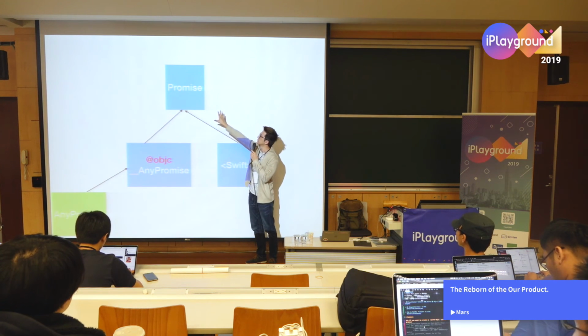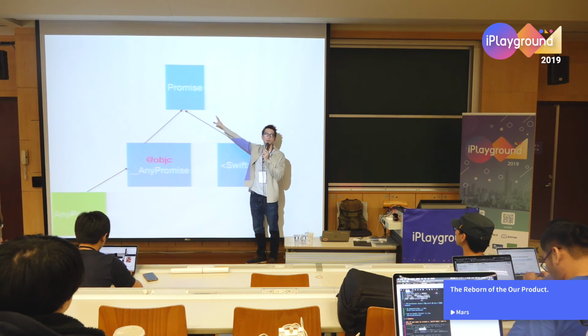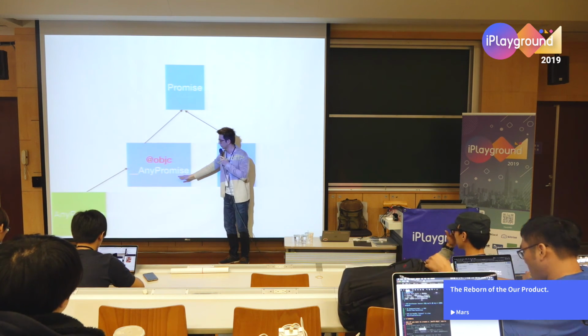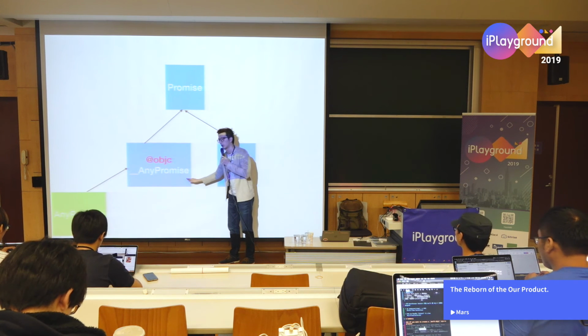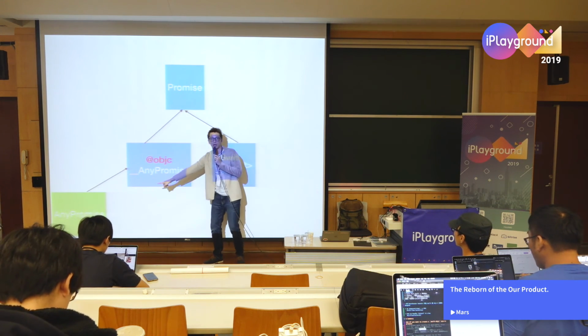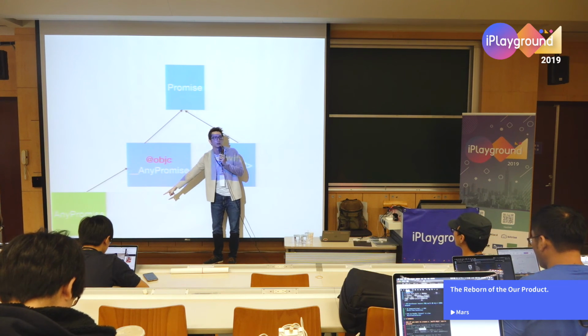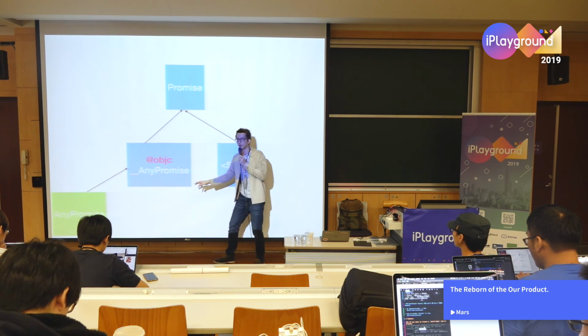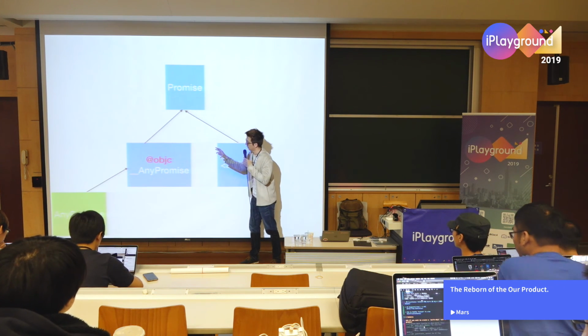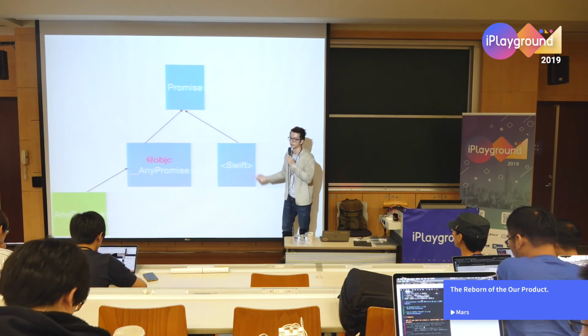It creates a pure Swift class called Promise, and then it creates a class named AnyPromise to adapt between the pure Swift and Objective-C, so that PromiseKit could be used by Objective-C and Swift.